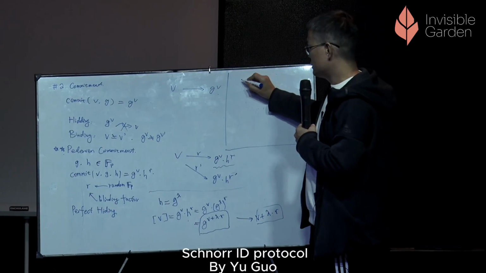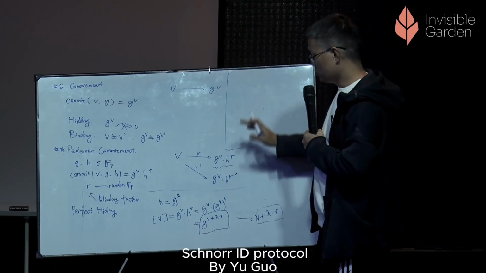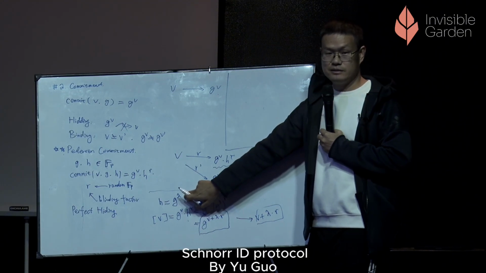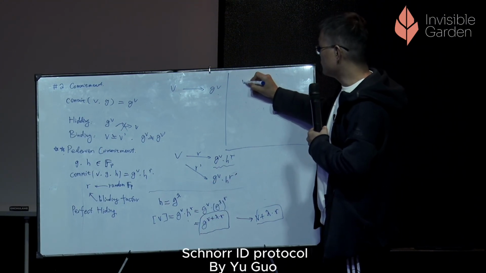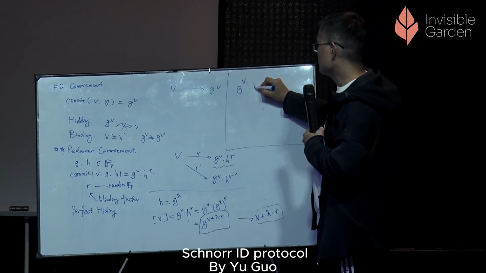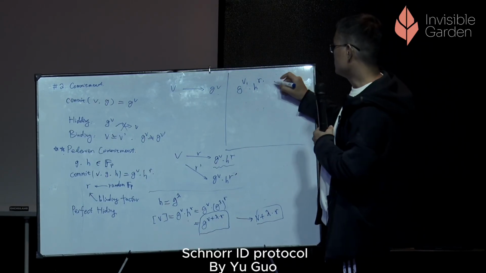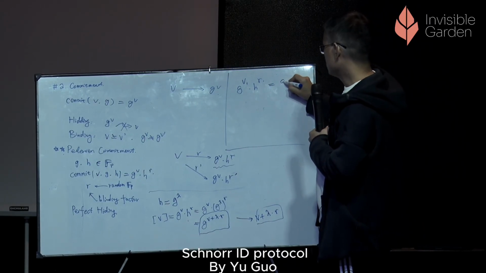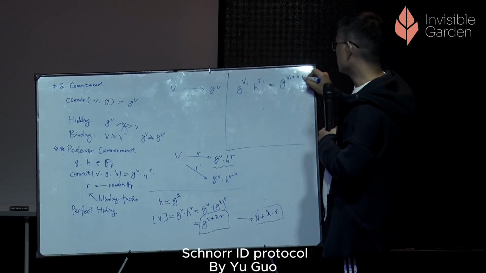For example, there's an attacker who knows lambda. Then the attacker can first of all commit V1, G^V1, with a blinding factor R1, right? So we get a commitment G to the power V1 plus lambda times R1.